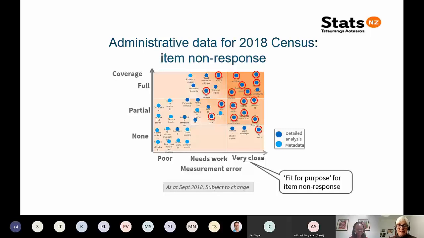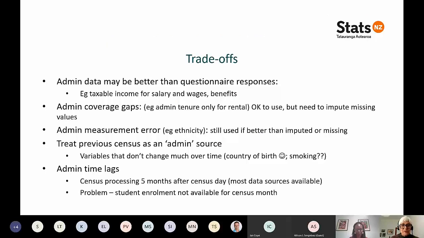So another lesson is that you can't just jump in and do this really fast. You need to spend the time to understand your data source. As I said before, there are always trade-offs, and sometimes there's an advantage in using the administrative data. An example is people don't always answer their income question on the census all that accurately.